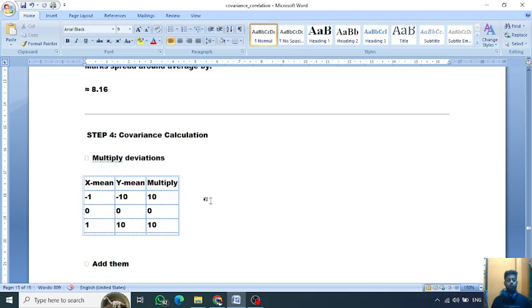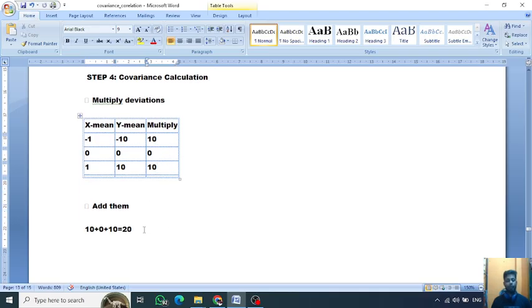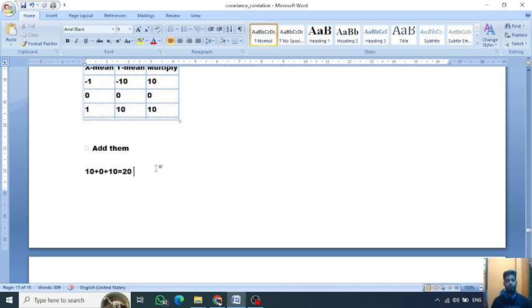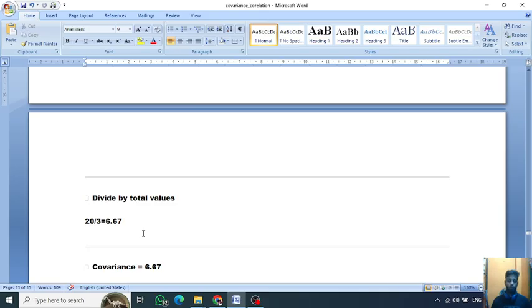Now we are doing the covariance calculation. In the previous step, we got x minus mean and y minus mean. So we have to multiply these two: x minus mean multiplied by y minus mean. We got this column. Now we add these and find the average. So this is the covariance.